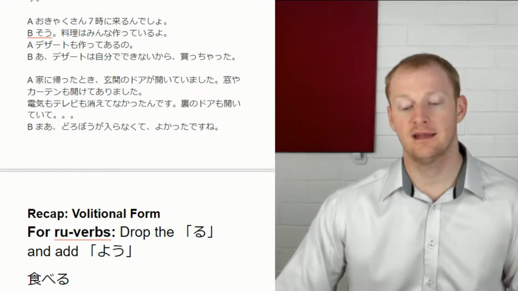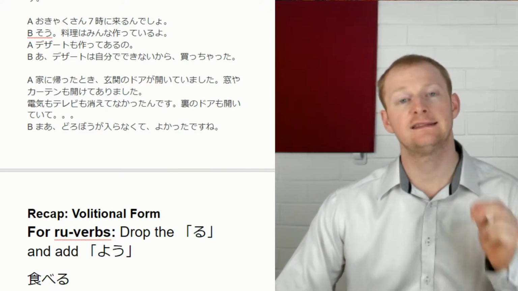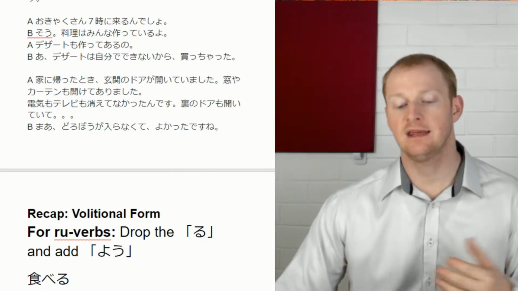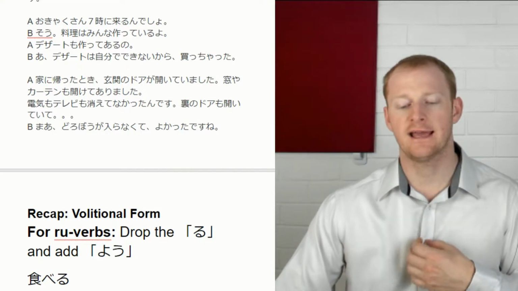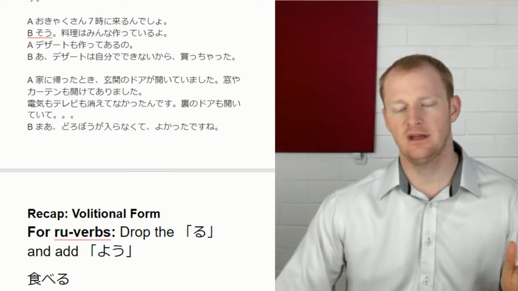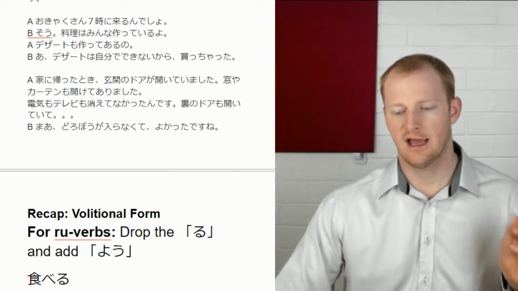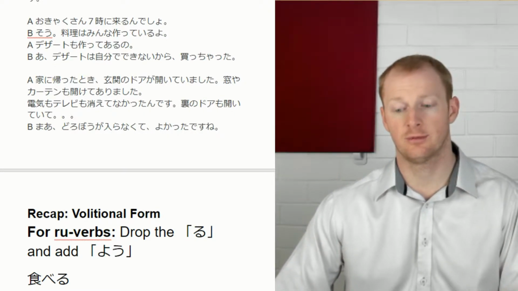And 窓やカーテンも開けてありました。The windows and curtains were also opened. 電気もテレビも消えてなかったんです。裏のドアも開いていて。So the lights and TV were still on. They hadn't been turned off. And the back door was still open.